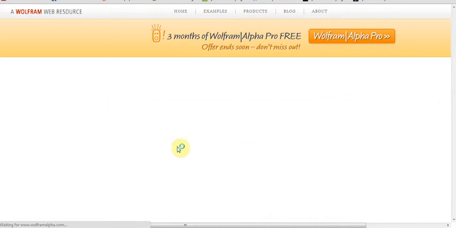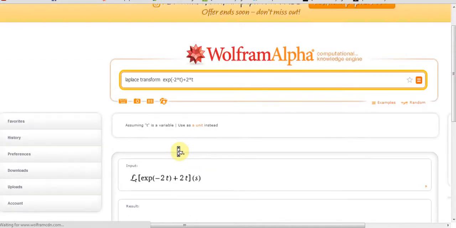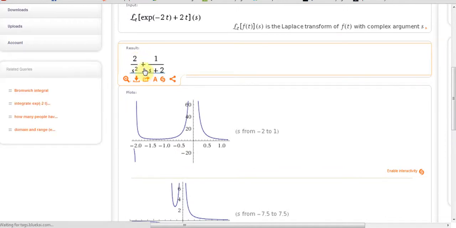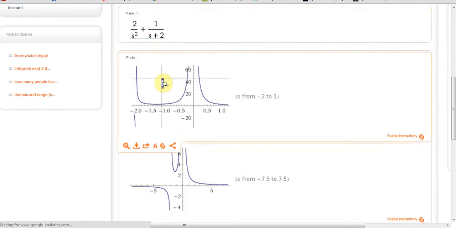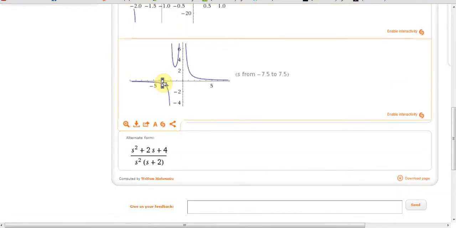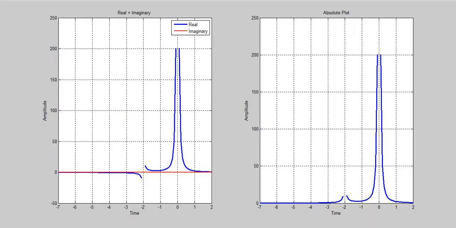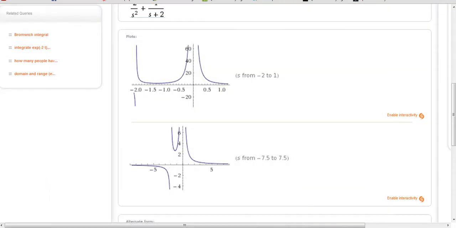I hope it's going to take the Laplace transform, and as you can see, 2 over s squared plus 1 over s plus 2, and it's just taking values from -7.5 to 7.5. So as you can see, near 2, things are getting towards infinity, as we have seen over here. This thing is going up and down here.